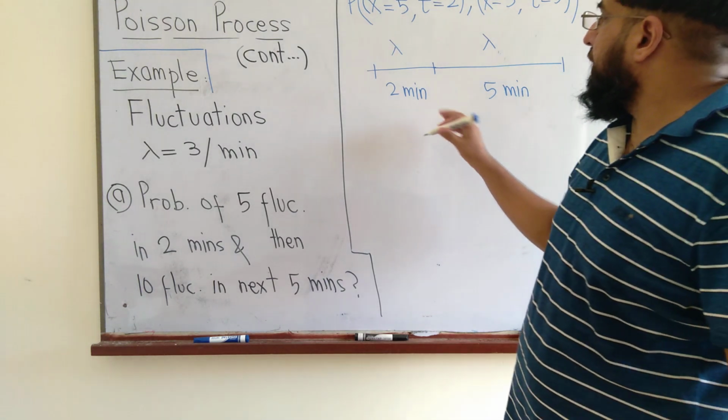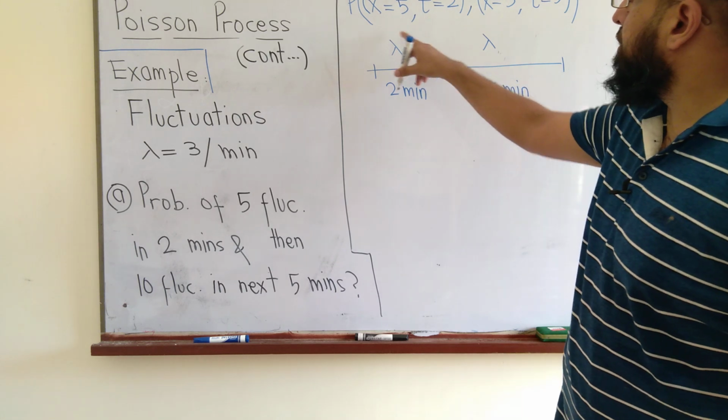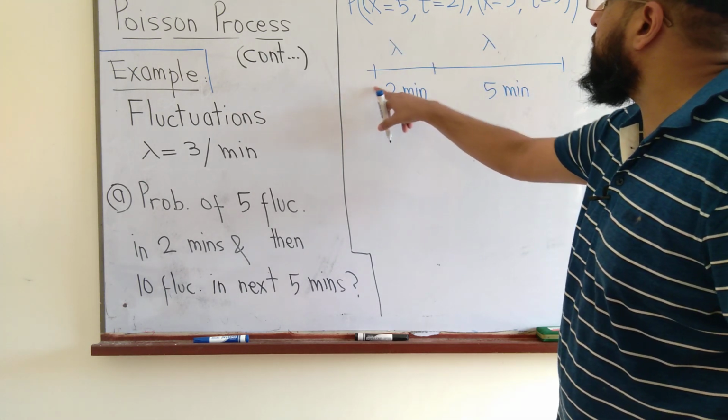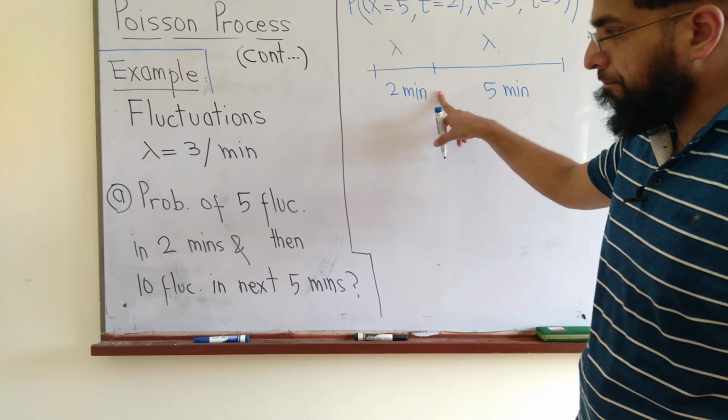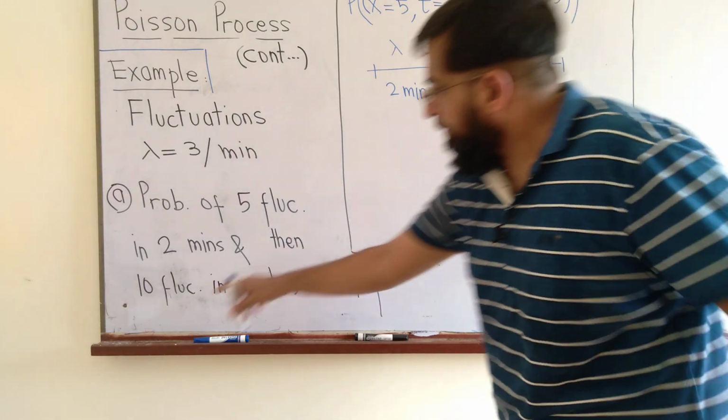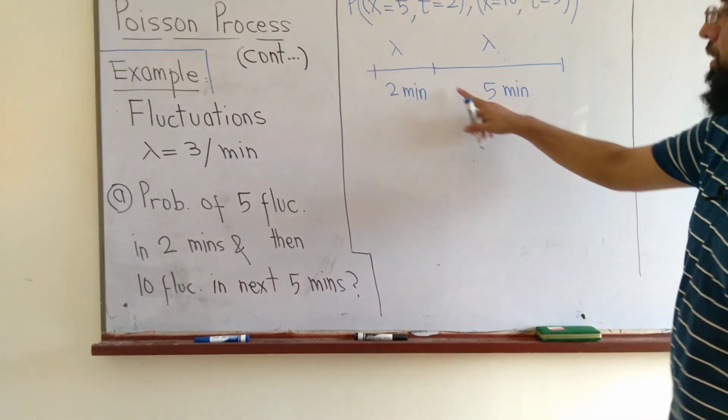So what we need to find out is the joint probability of having 5 fluctuations in this span and 10 fluctuations in this span.